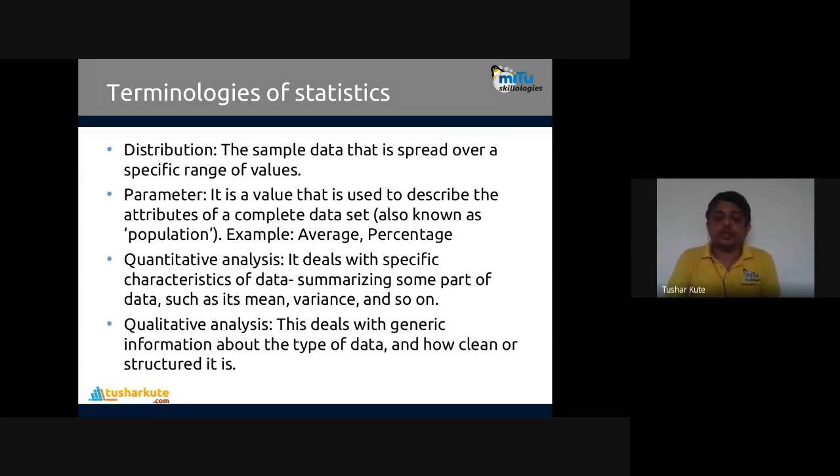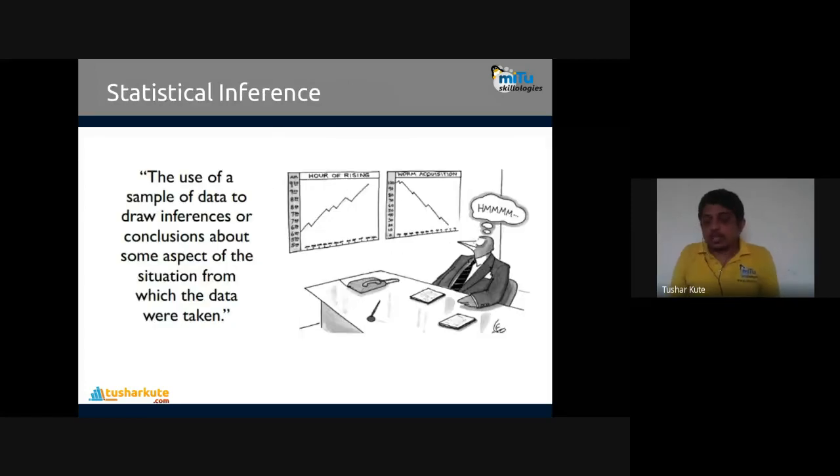These are the terminologies which you use in statistics. Now let's start with statistical inference, inferential statistics. What is statistical inference basically? What is inference? The use of a sample of data to draw inferences or conclusions about some aspect of the situation from which the data were taken.